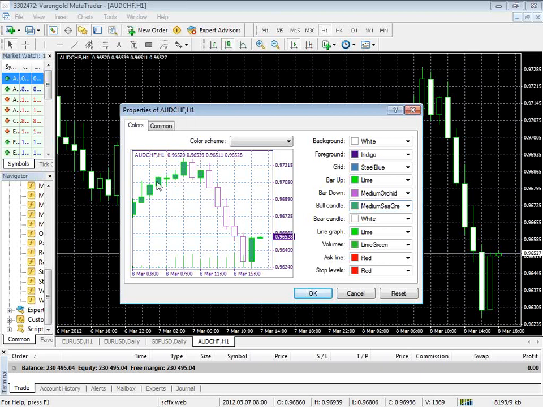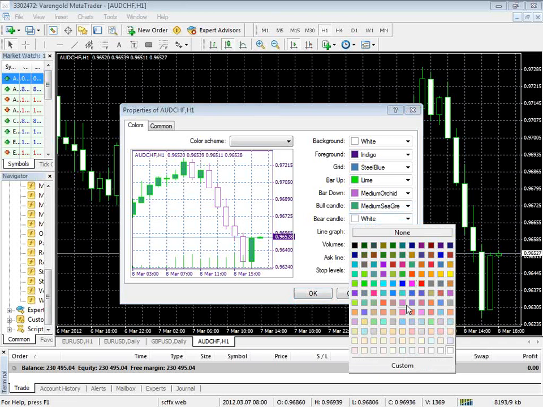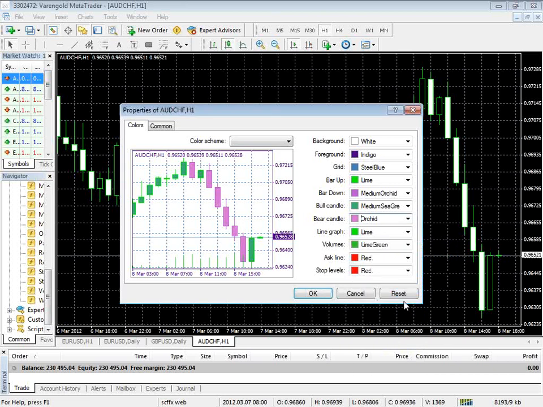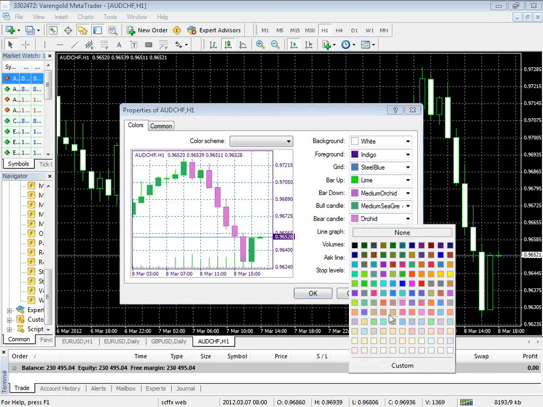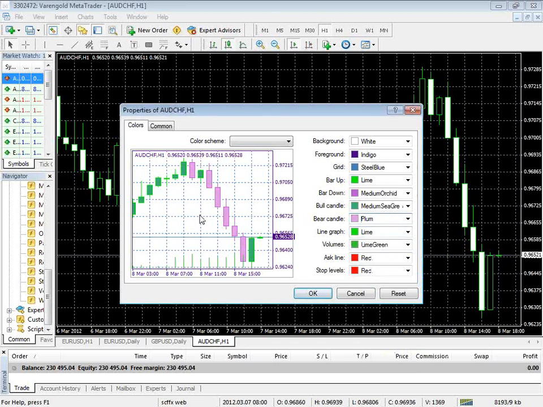So I will have green candles, and I have to change also the color for down. I will put something, maybe it's definitely too much power on this color.